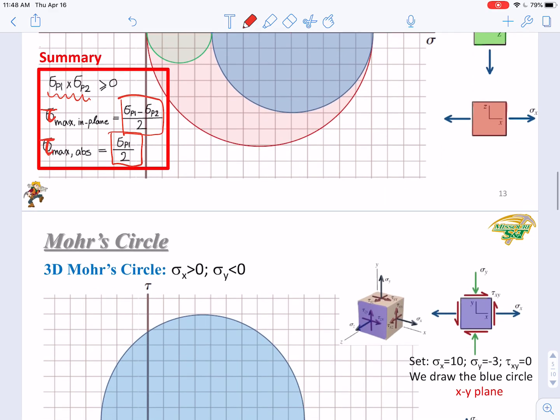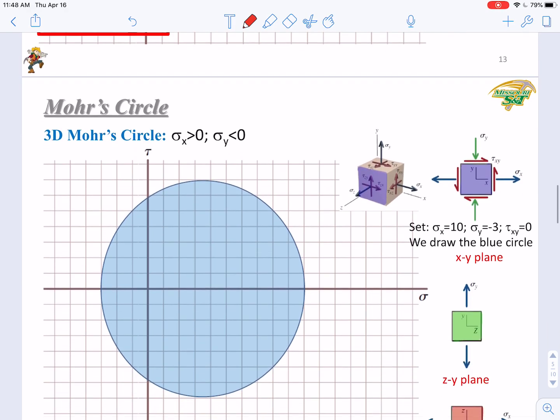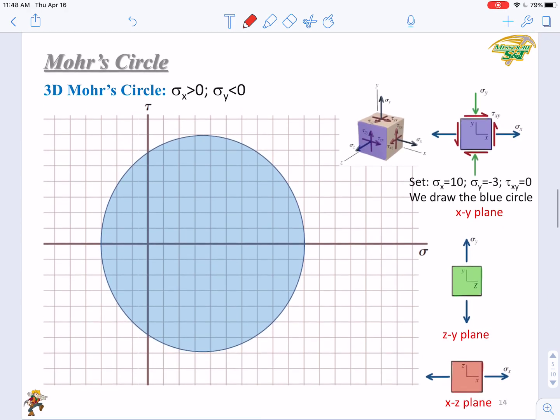If this is scenario 1, then we will have another scenario, scenario 2, in which sigma p1 times sigma p2 is smaller than 0. It's negative, meaning that one of them is positive and one is negative. One in compression, one in tension.